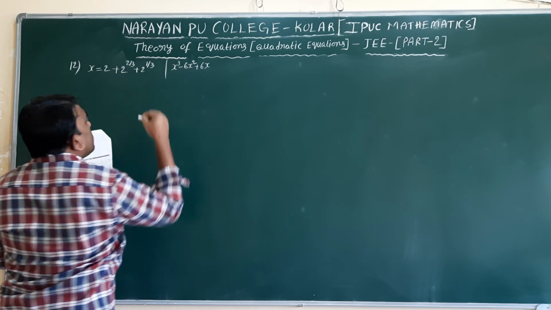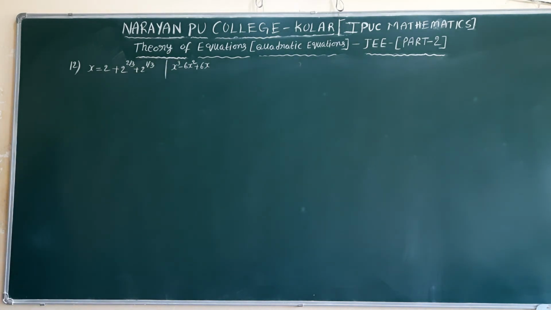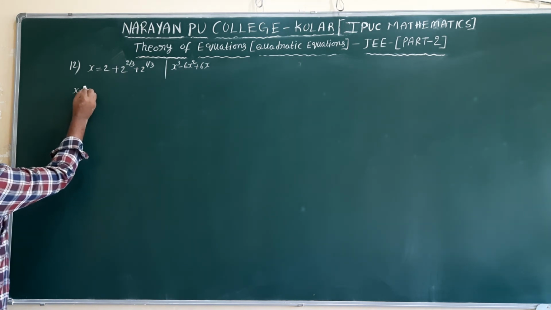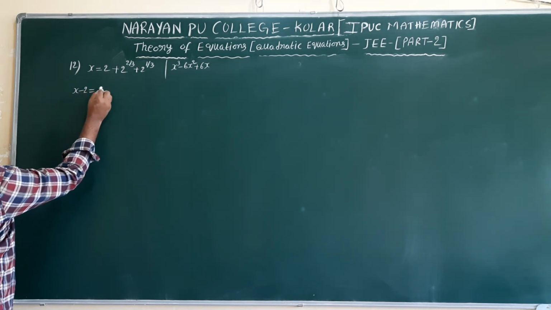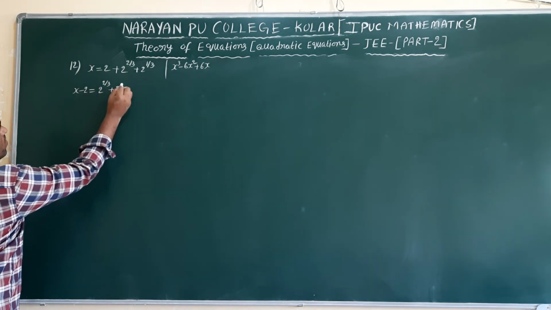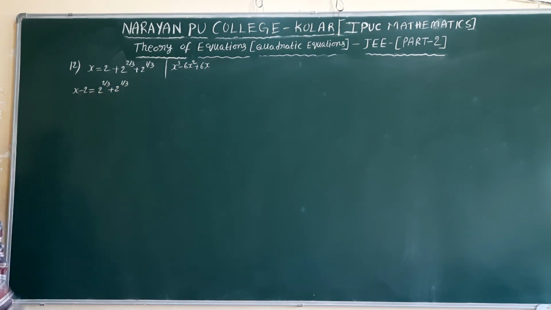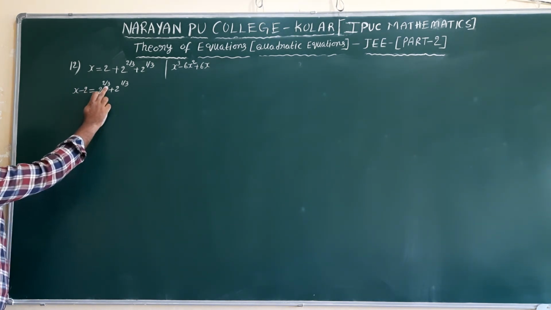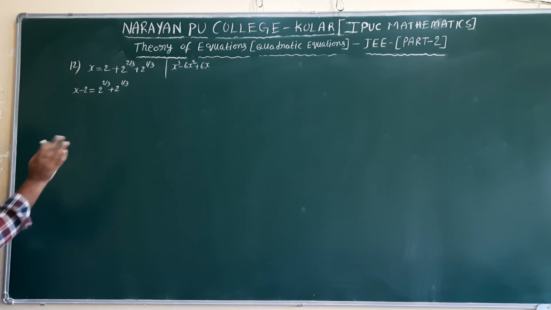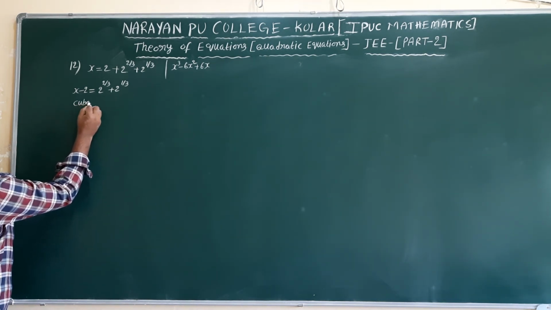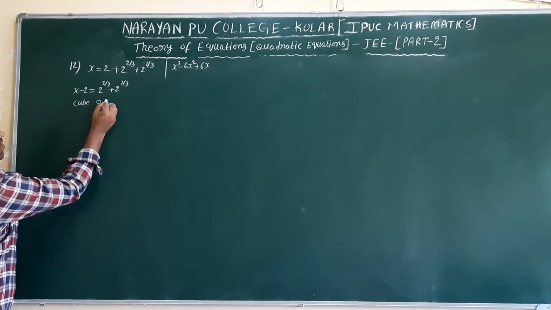So on the left side, x minus 2 equals 2 power 2 by 3 plus 2 power 1 by 3. Here the power 1 by 3 is there, so to cancel that 1 by 3, cube on both sides, cubing on both sides.